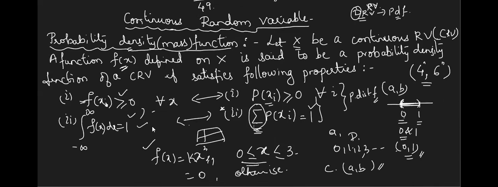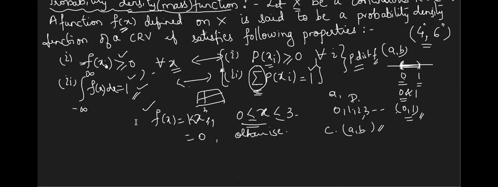In comparison with the probability distribution function, f of x value should always be greater than or equal to 0 for all x. And whenever you take an integration of f of x dx from minus infinity to plus infinity, it should always be equal to 1.